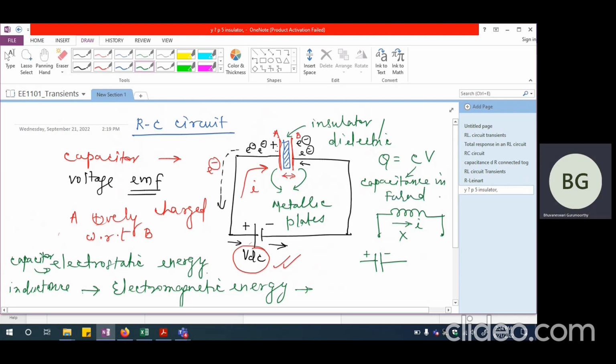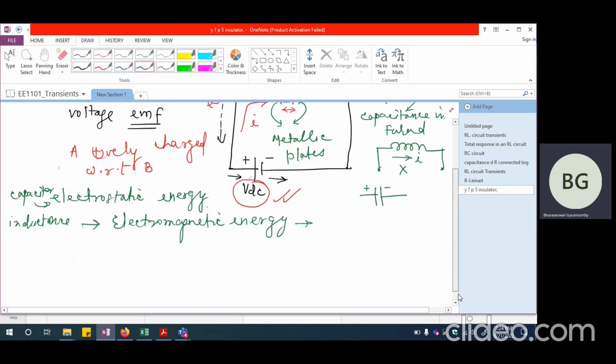So the capacitance is defined as the ratio of the charge accumulated to the potential difference between the two plates of the capacitor itself. So this is how the capacitance is defined.